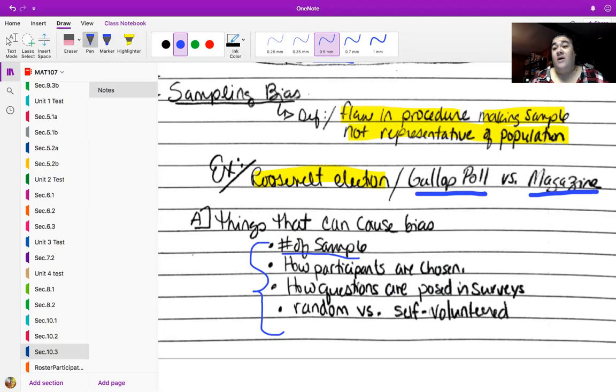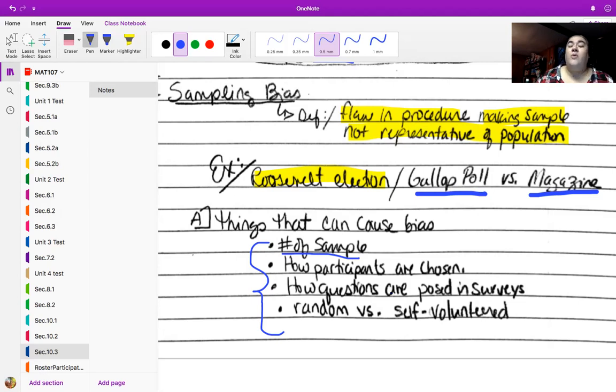So you also don't want, for example, people who volunteer to take these polls, because as a general rule, people who say, oh yes, I want to tell you how I think and feel about this topic that you're trying to get information on, you're going to get biased information, because there will be people who have thoughts and opinions about that topic that maybe don't necessarily feel the need to volunteer to tell you about it. So generally, people who self-nominate themselves, getting people in that way is not your most accurate way of getting participants for a data set.